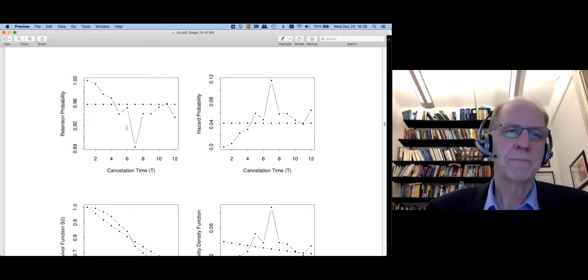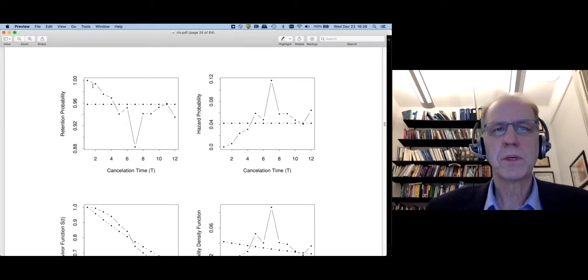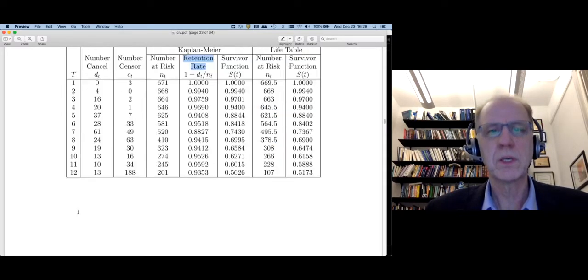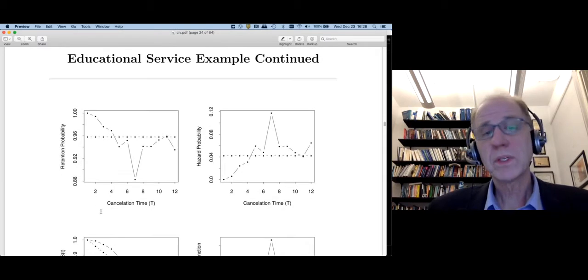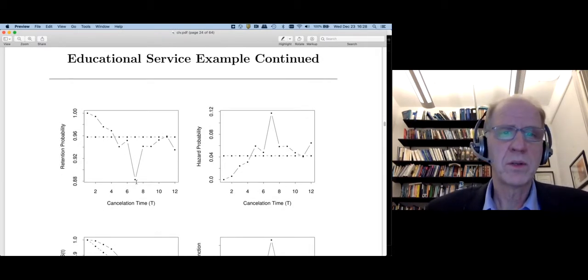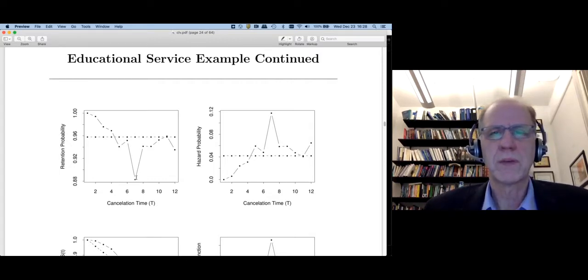Let's go look at them. If I look at my retention probabilities, plotting this column, the retention rates versus t, we see an interesting graph where it looks like there's a big drop at month 7. The question is why? What's going on with month 7?